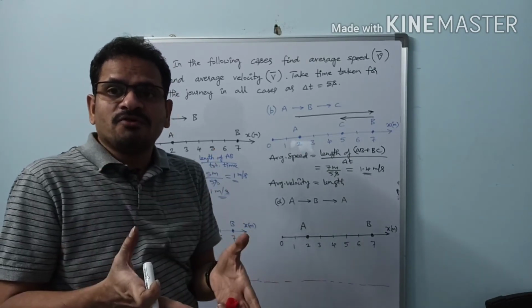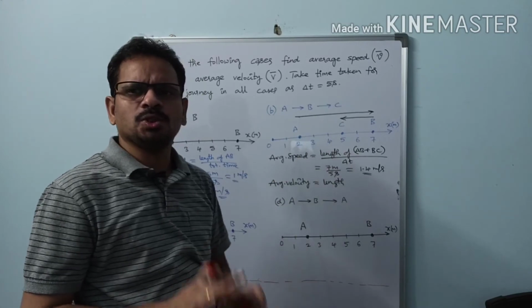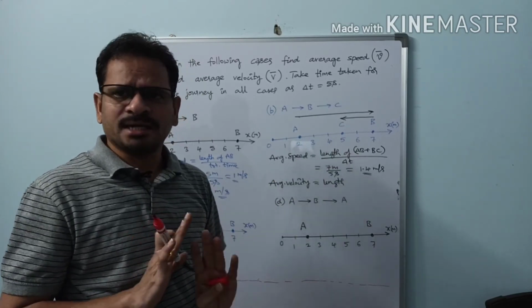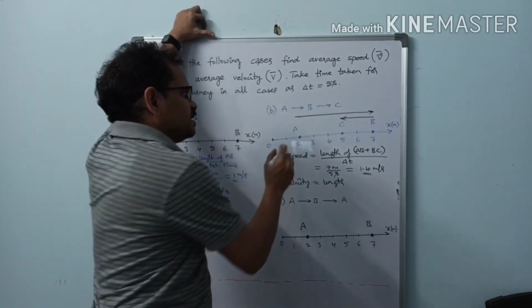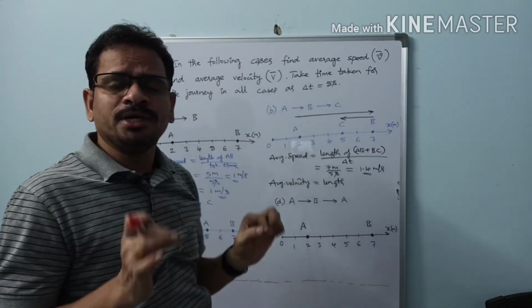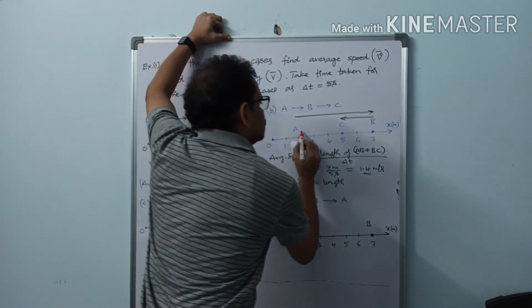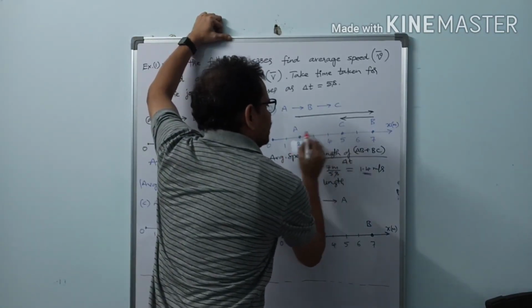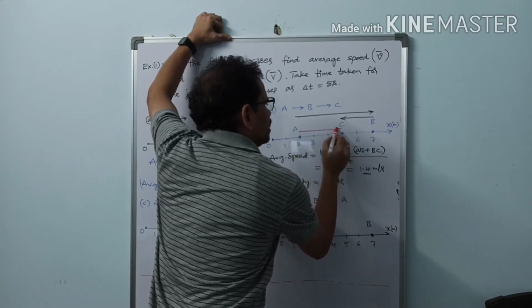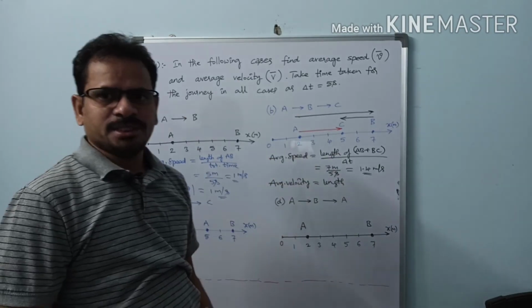It is the length of the straight line joining initial and final points. Don't think any other things rather than this. So just consider initial point and final point. We don't need to bother about the original path of travel here. Starting point is A, end point is C. So draw a line like this. The length of this one gives us displacement.